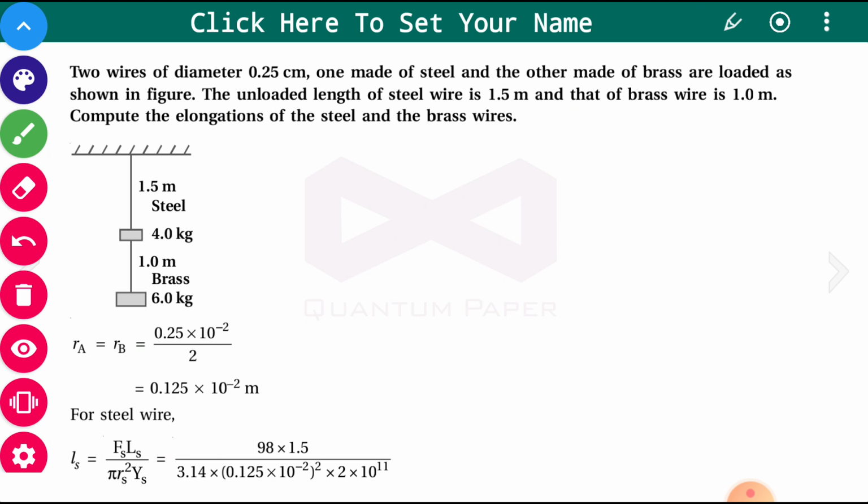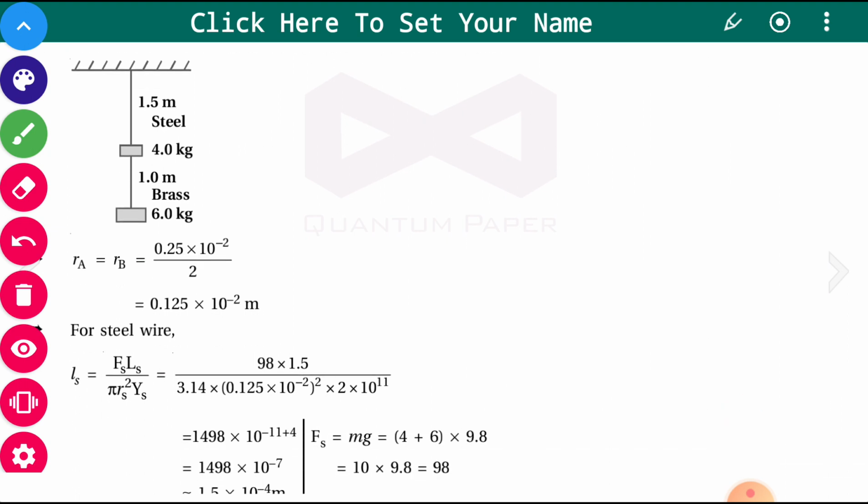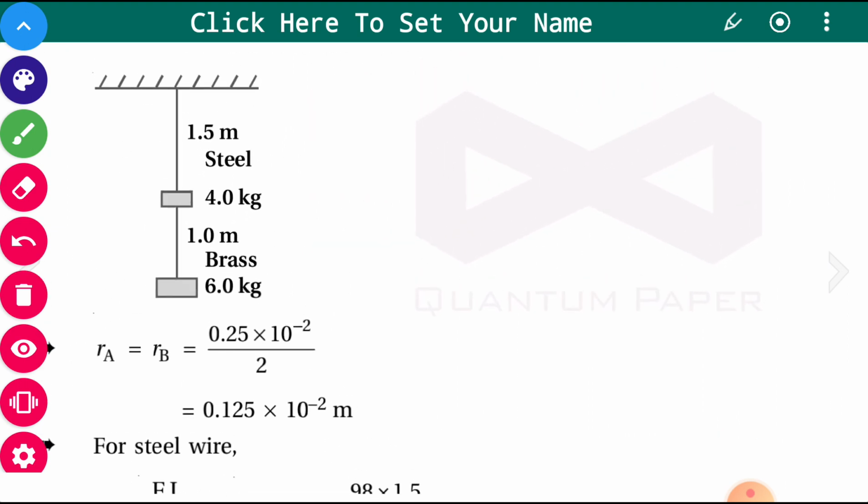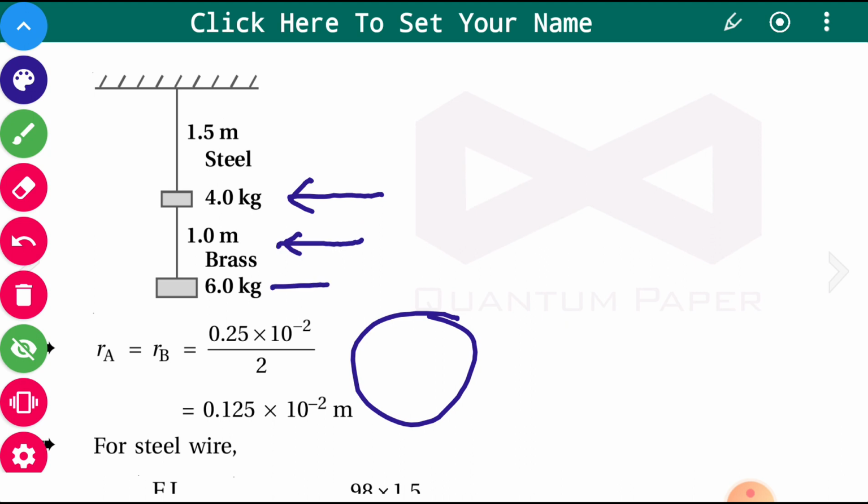It's very easy again. Elongation we have to calculate. This is the figure: 1.5 meter steel wire, and the load at the end of the steel wire is 4 kg. At the end of this 1 meter brass wire there is a load of 6 kg.